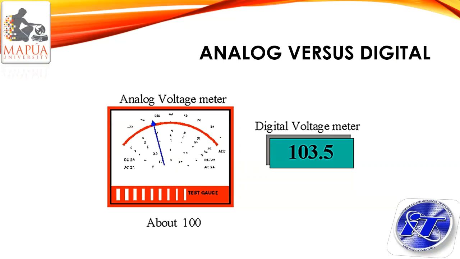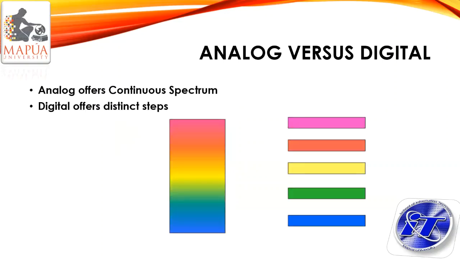Okay. Now, how about this example? Left side is analog, right side is digital. So one property of analog, it is continuous. It's always changing. If you're going to move from left to right, up and down, the color will change on this spectrum.